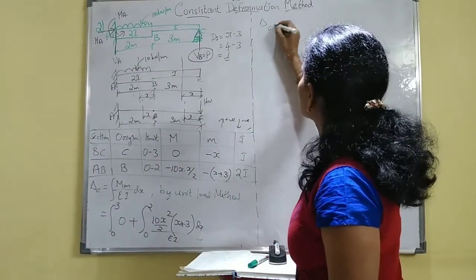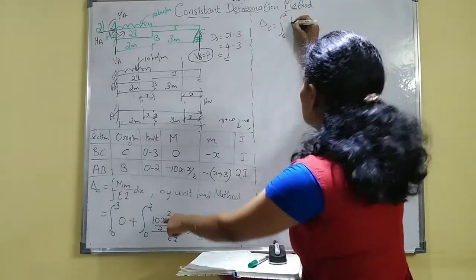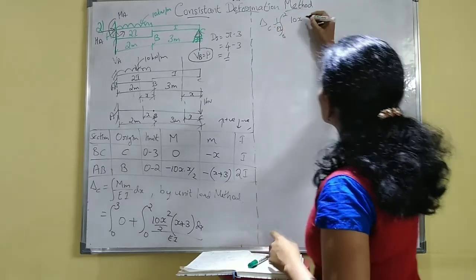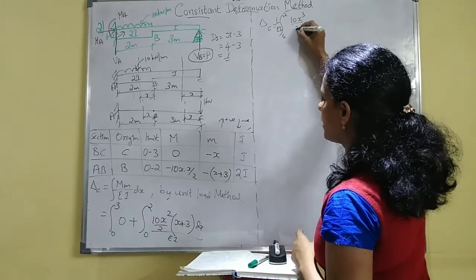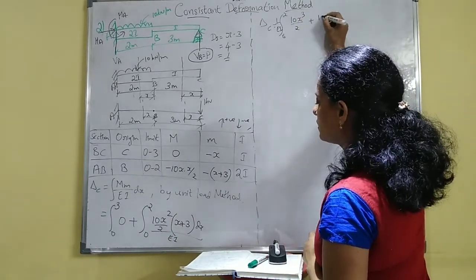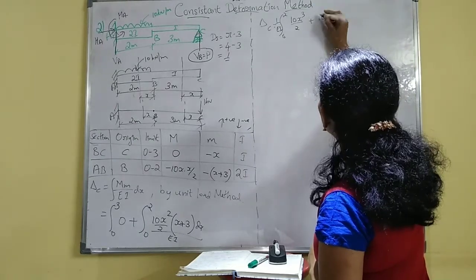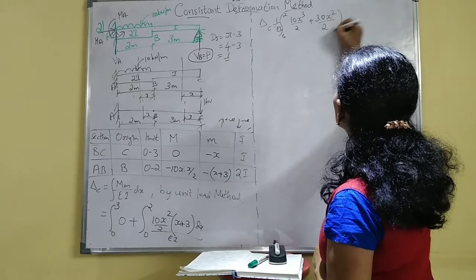So delta C equals integral 0 to 2 of 10 into x cube, 1 by EI taken outside. So 10 into x multiplied, that is x cube by 2 plus 10 3s are 30, so 30 into x square by 2.